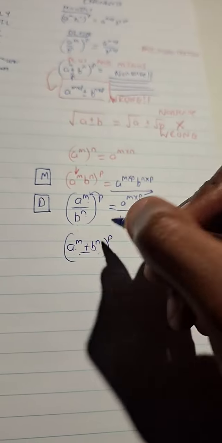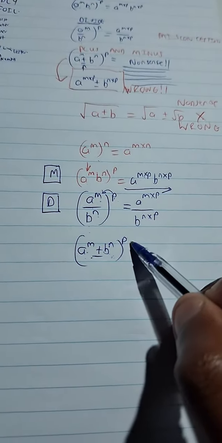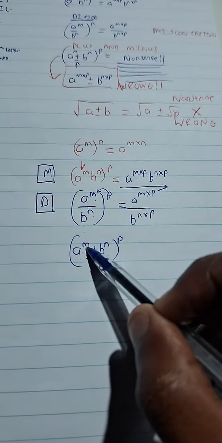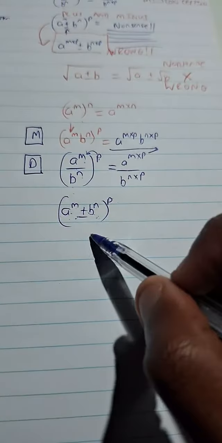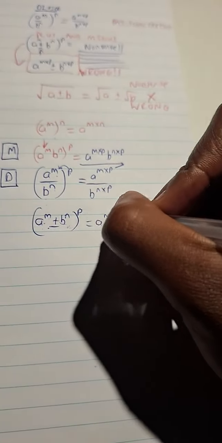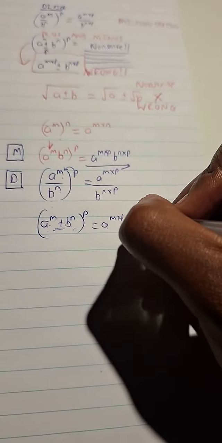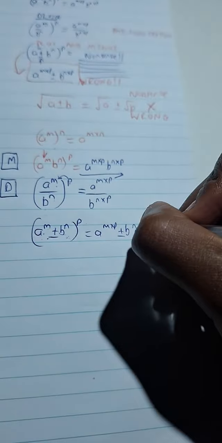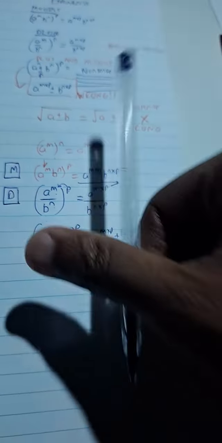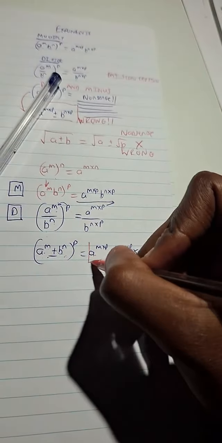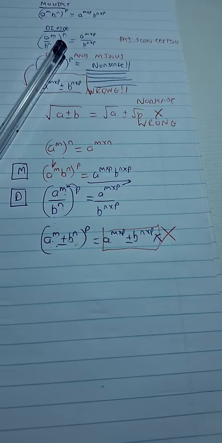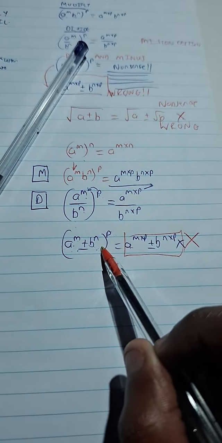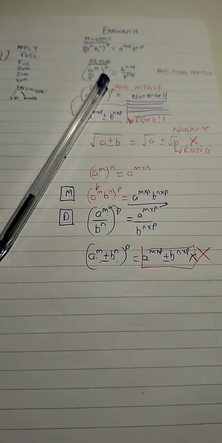So therefore we absolutely can't take this A to the power m and multiply with that P, and then write A to the power m times P plus B to the power n times P. Rubbish. Nonsense. So we leave it as it is. Okay, I hope you understand.